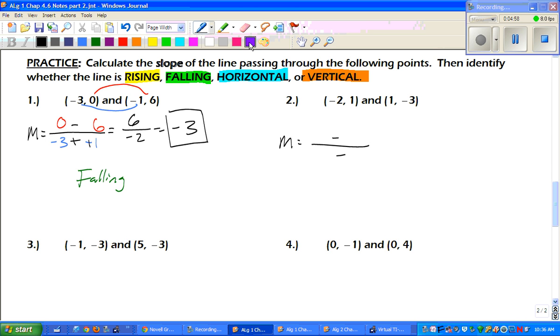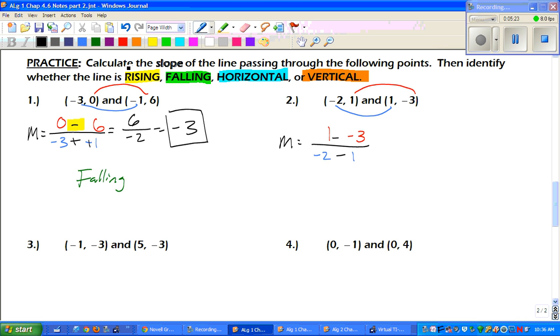Y's go on the top, X's go on the bottom. Oh, hey, what did I forget? I'm looking at number 1 again. Do you guys see a mistake that I made?